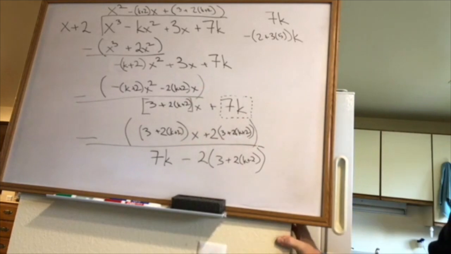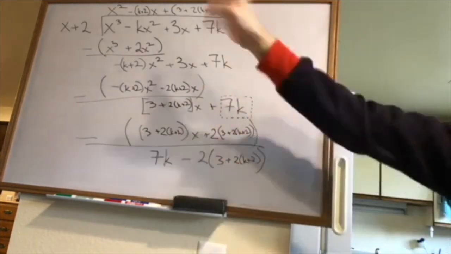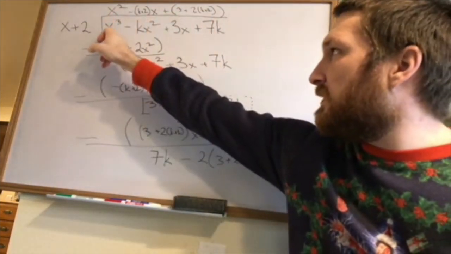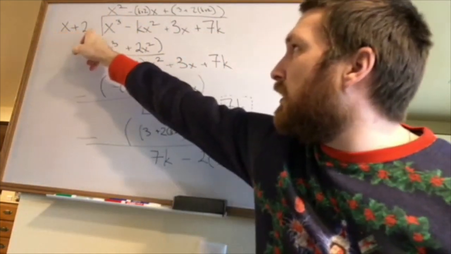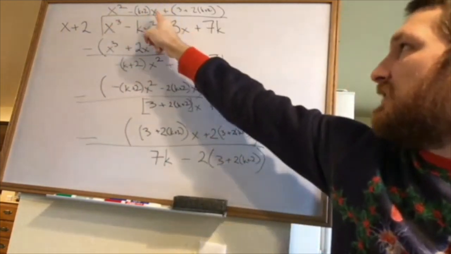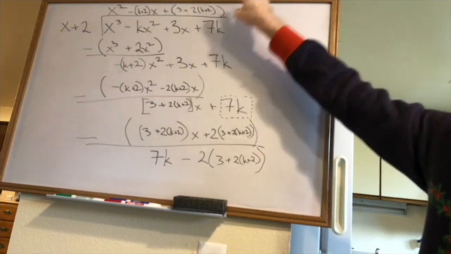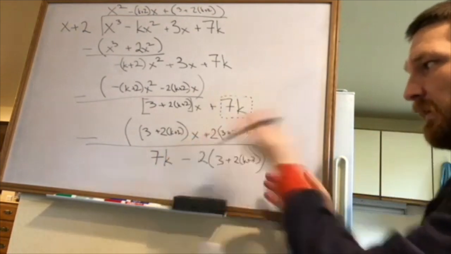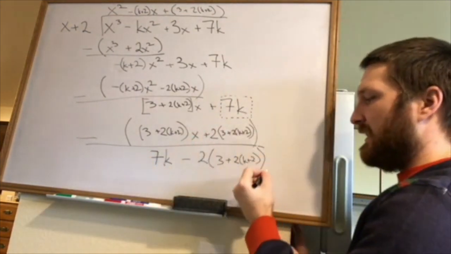Now, as I look at this, I could say, well, my division algorithm is done because I started with something cubed, I divided by something to the first power, and I ended up with something that was x squared, x to the first, x to the 0. I don't have any x's in here. And so now the very last thing is going to be my remainder. Another way of looking at it is saying, well, my remainder no longer has an x in it.